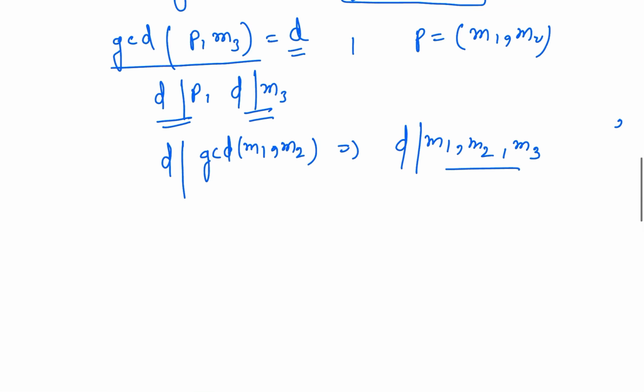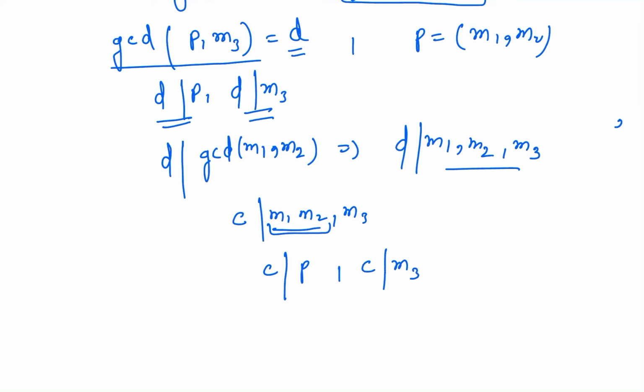Now to prove D as GCD of these three, let us assume that C is another common divisor of M1, M2 and M3. Since C divides M1, M2, that means C divides P, GCD of these two, and C divides M3, and GCD of P and M3 is D, that means C divides D.